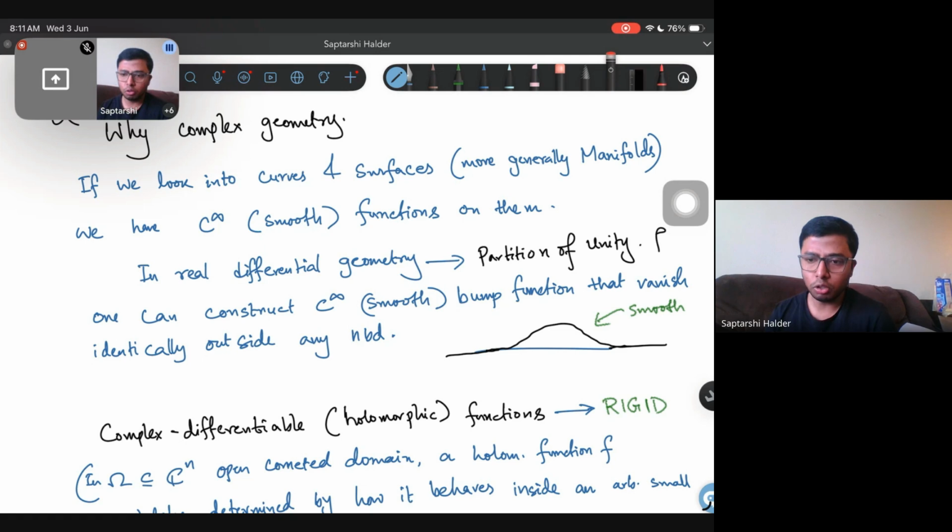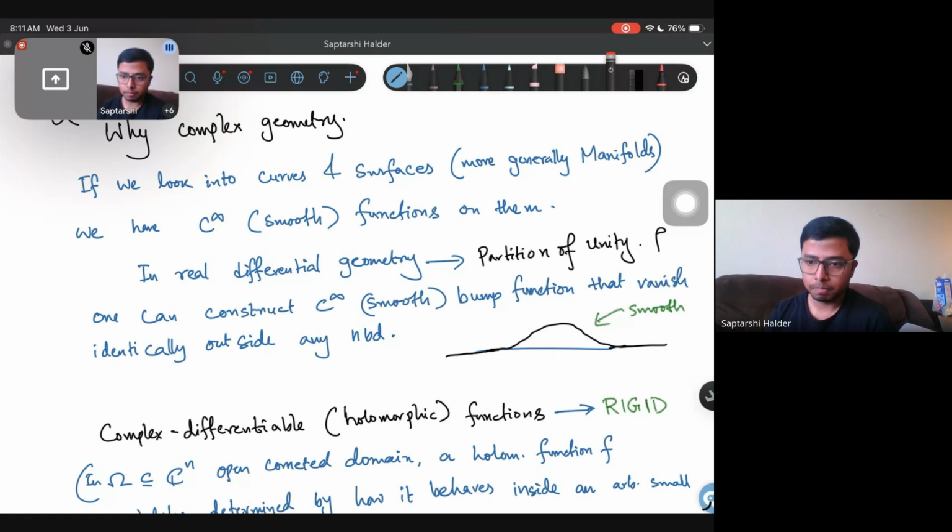But we don't know whether there is a function that vanishes identically outside the neighborhood, and is holomorphic and C infinity.